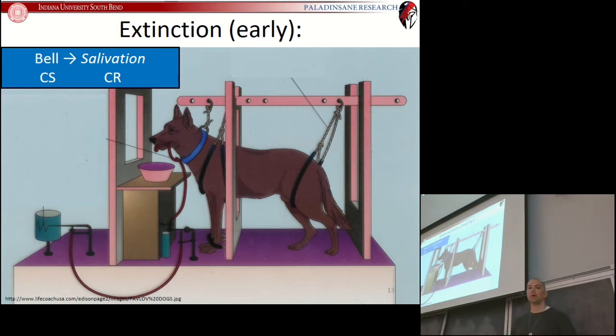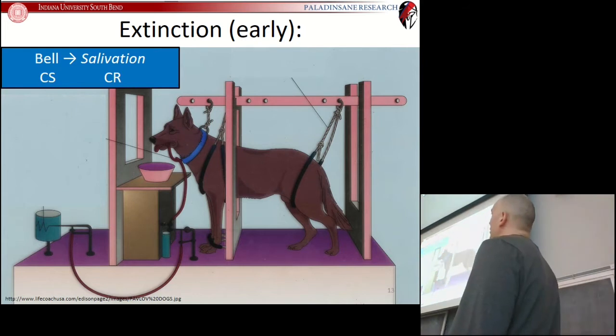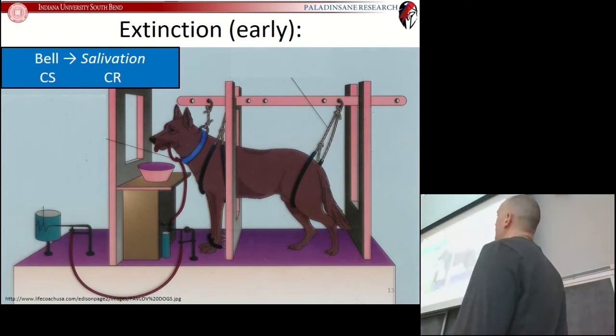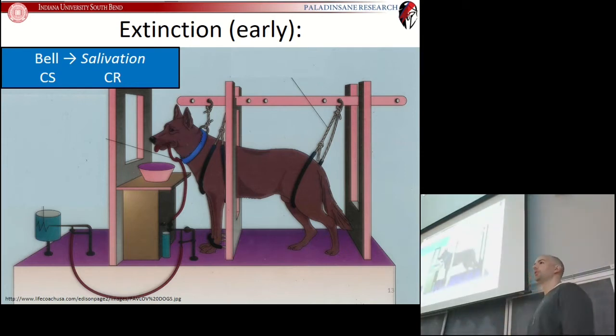What can I do? Well, you can go through extinction. And what extinction is, you just continually present, multiple times, that bell with no food. That's the key to extinction. You present the conditioned stimulus, but you do not present the unconditioned stimulus.